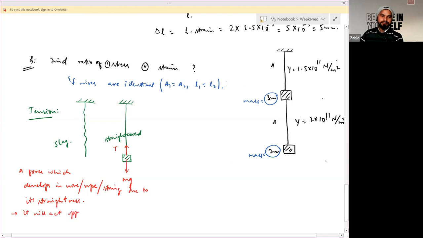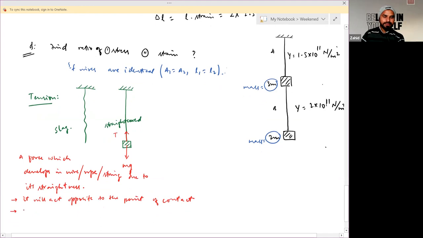And the next property is that for a massless, inextensible wire, rope, or string, it will be the same at each point. Wahid, is it clear? What do you mean by tension?